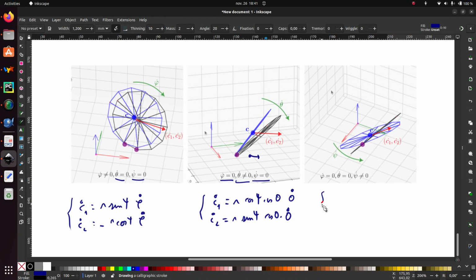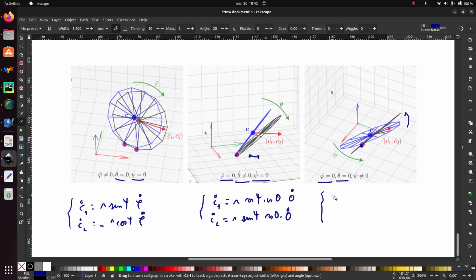Now the last situation is different. So the stand angle does not change, phi does not change also, and only the heading is changing. So we can see here that the contact point is here, and the wheel can turn like this, but the contact point is not changing. Like a coin which is spinning on itself, if you want.